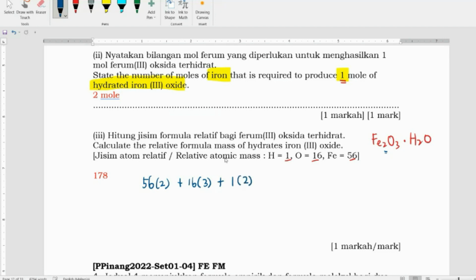It has 2. Then plus 16. So you just total up, you will get 178. This one is Fe. This one is O. This one is H. This one is O. So it's 178.